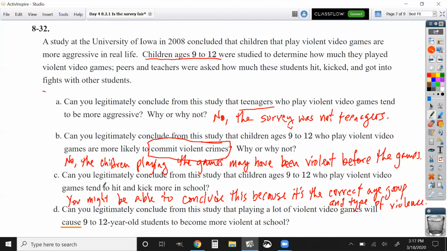So they're asking about hitting and kicking in school, which is what they were asking about here.